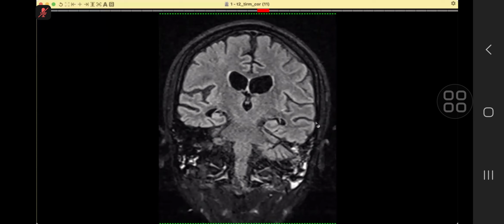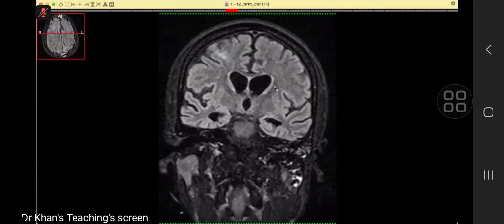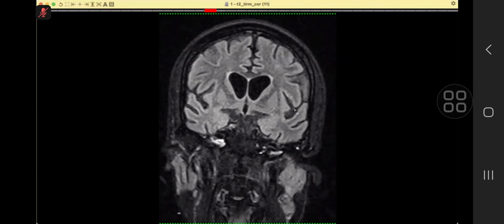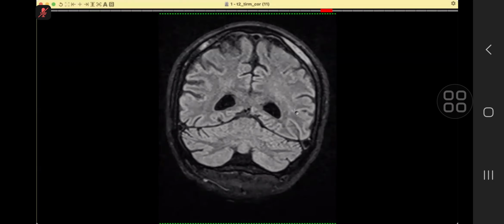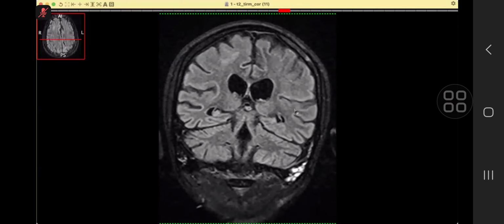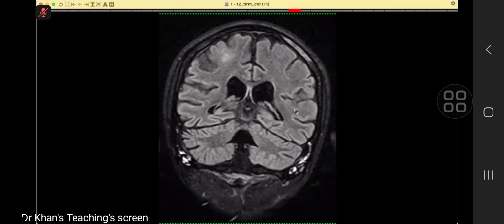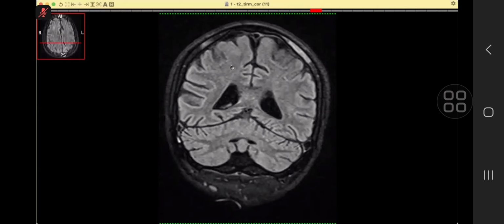Sorry, sir. What's the age? Sorry, 23. Yes. So I've been presented with the coronal fat sat images of a 23-year-old male, sir, in which I'm able to appreciate an altered signal intensity area in the right frontal subcortical region.